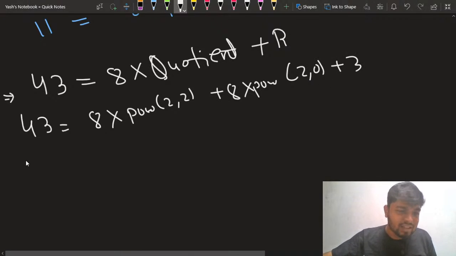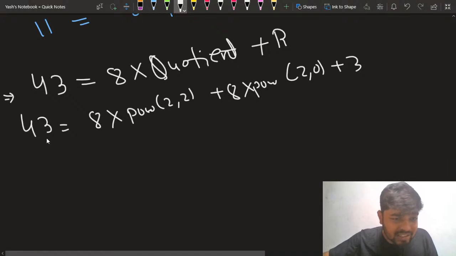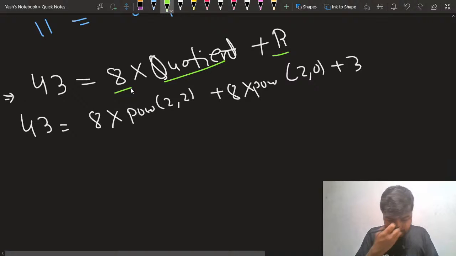Everyone agrees on this, that 43 can be written like this, like Naman, Shruti, Bhattacharya, Daniel, everyone agrees. Gita Kumari, all of you agree that 43 can be written in this form: the remainder plus the quotient into 8, right? This is something that you can write.